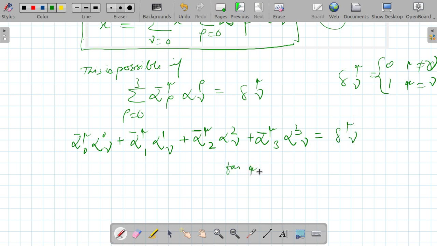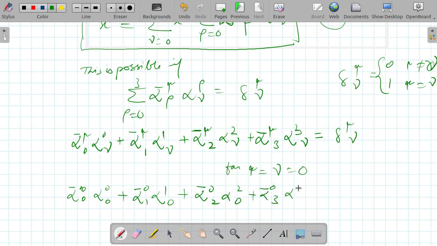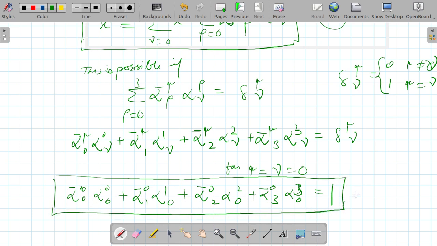Now for mu and nu both equal to 0, this equation becomes alpha bar 00 alpha 00 plus alpha bar 01 alpha 10 plus alpha bar 02 and alpha 20 plus alpha bar 03 and alpha 30 must be equal to 1. And this is equation number 18.